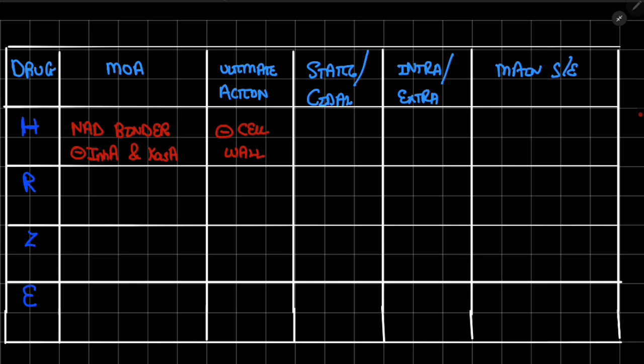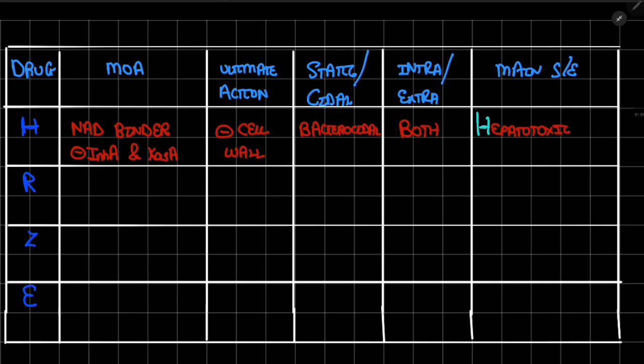It is a bactericidal drug, means it will kill the bacteria. Whether it was an intracellular or an extracellular drug, yes, it is both. And for the side effect, remember one H. It is hepatotoxic, the main side effect. So this was about the isoniazid.